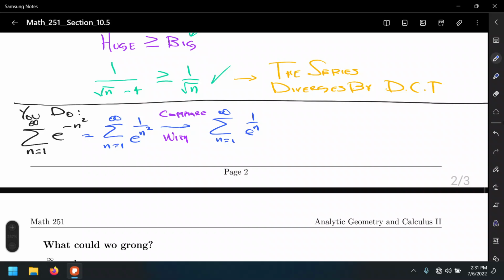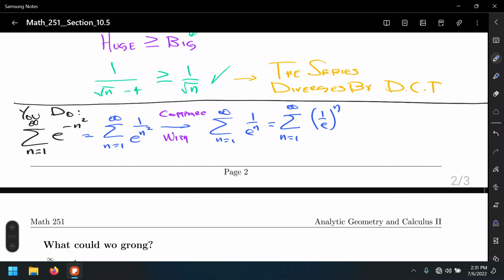Right now, the format here may not be the best to determine convergence or divergence, so I would rewrite this series as 1 over e to the n, and this looks like a geometric series with r equals 1 over e. The value of e is 2.71828, whatever number of decimals.